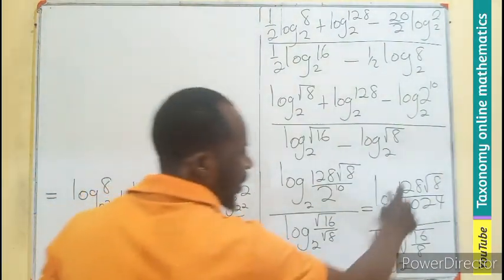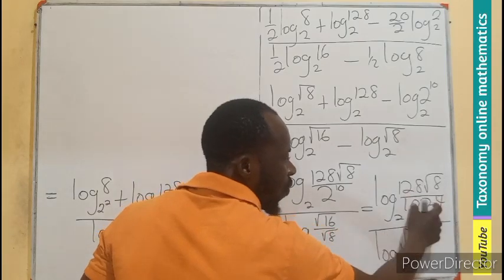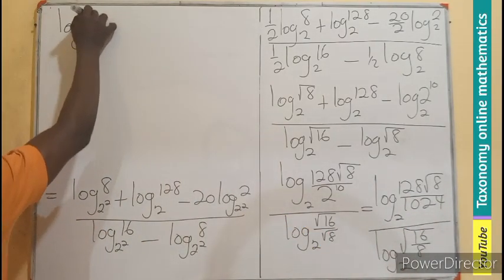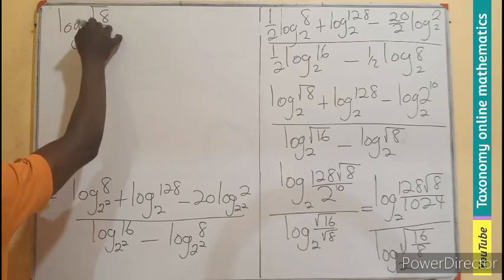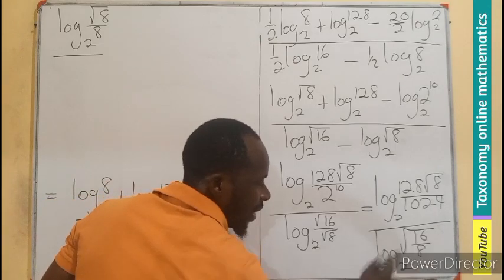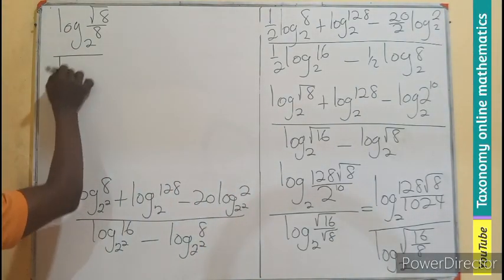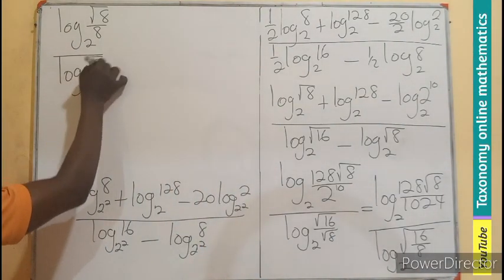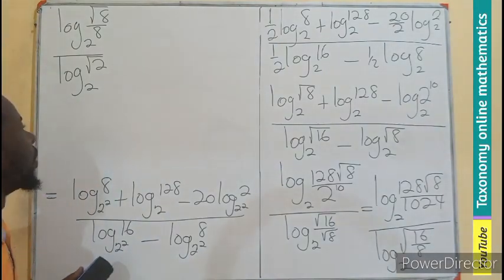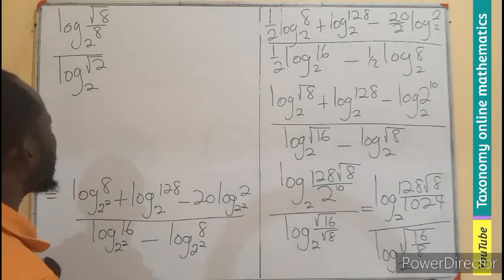So meaning I'm having root 8 over 8 in there. So the log of the root of 8 divided by 8 base 2, divided by, this will divide this to give you 2. Therefore, I have the log of root 2 base 2. I believe you are taking your time with me slowly as we go.